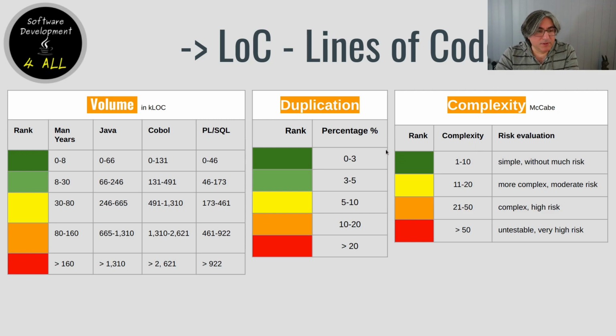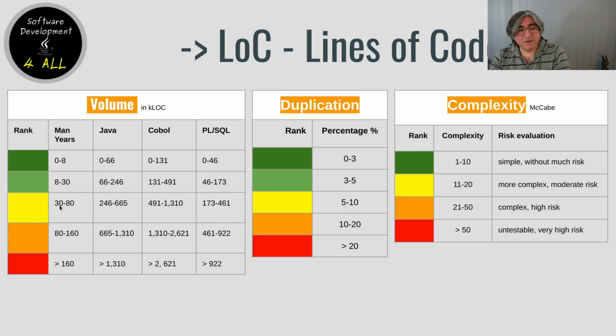So in volume, when you're talking about Java code, and it is 0 to 66,000 lines of code, then you're basically in the green because the man years are lower. So when you're analyzing code or changing code or working with code, then this is in the green. If you're making 66 to 246 kilo lines of code, then light green, so you're getting a bit more risk.